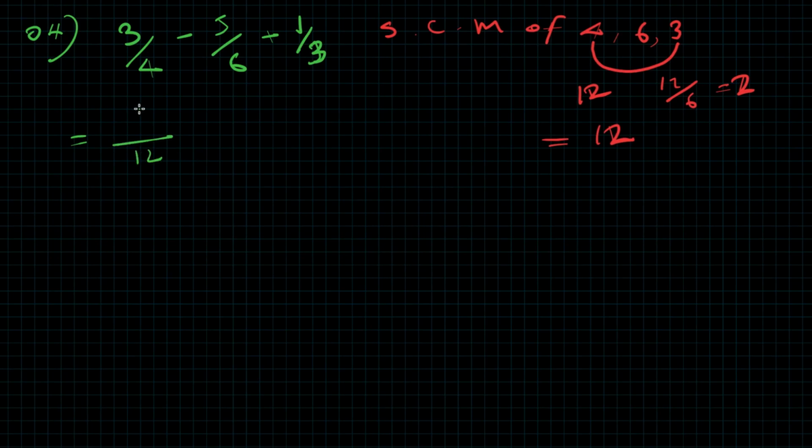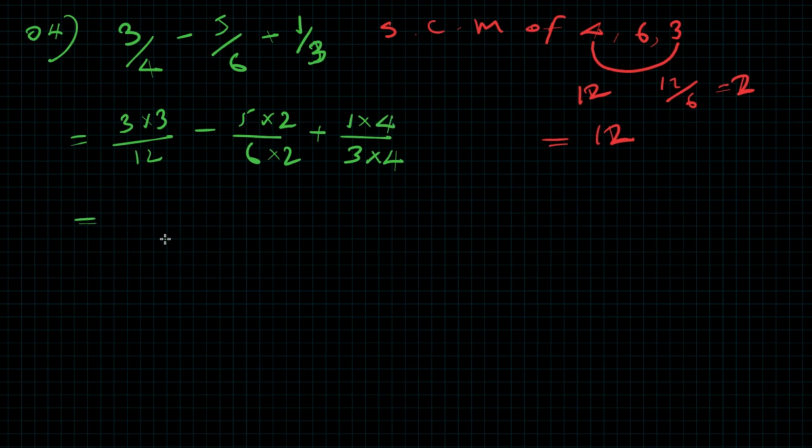To make the denominator 12 we need to multiply it by 3, so we do the same to the numerator, then minus. To make the denominator 12 we need to multiply by 2, so we do the same to the numerator, plus it's the same, 3 into 4 is 12, 1 into 4.